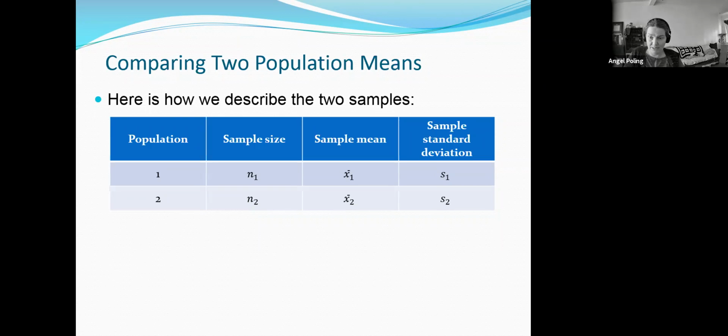So for population 2, we have a sample size labeled n sub 2, a sample mean labeled x bar sub 2, and a sample standard deviation labeled s sub 2, right? And so we just put these little subscripts in there so that we can differentiate between the two different n's that we have to identify, right? And the two different means that we have to identify and the two different standard deviations that we have to identify.